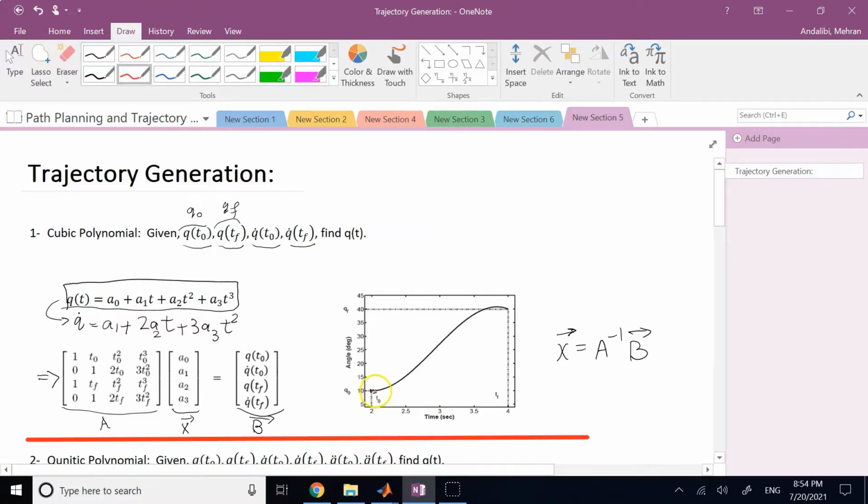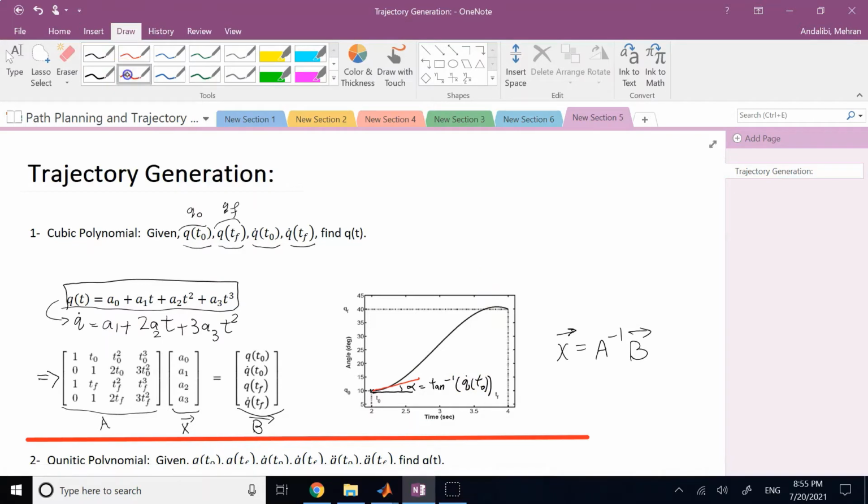So here, that's the initial slope, and this angle is alpha. Clearly, alpha is tangent inverse of q dot at t0.